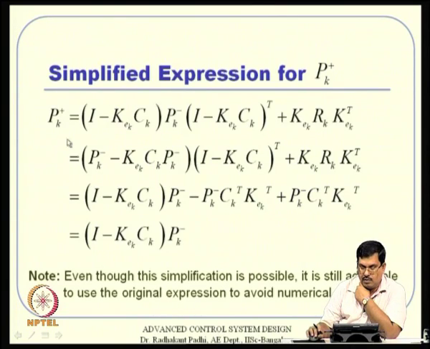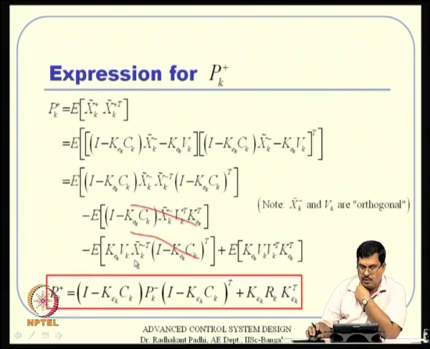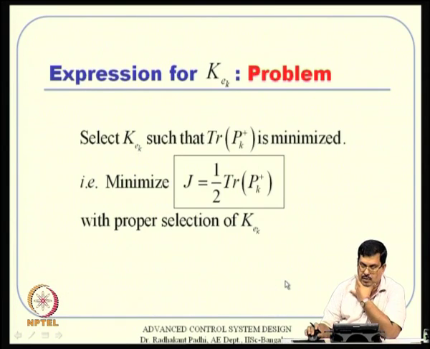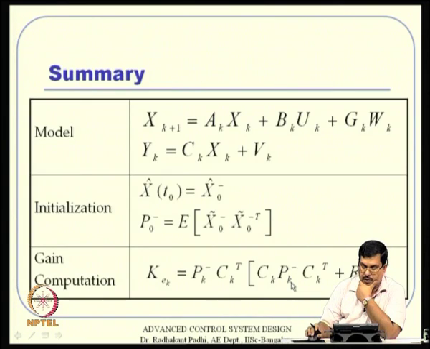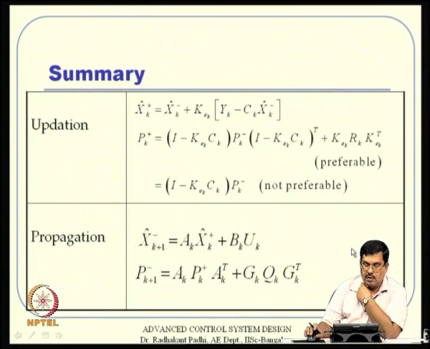What you see here is nothing but the propagation equation. That means if I know Pk minus, I will be able to compute Pk plus, provided I know Kk. So if I have an initial condition, I will be able to propagate this covariance matrix. So we have an initialization, then again the gain can be computed like this, and the update equations proceed that way.